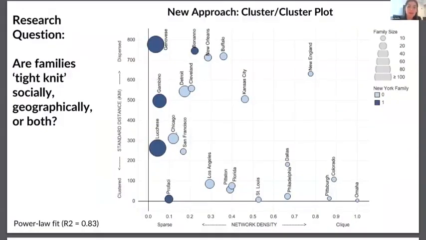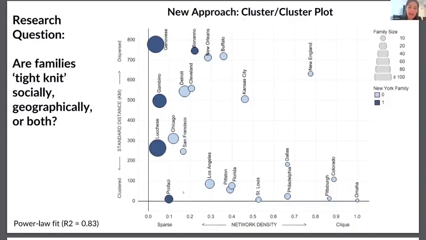So the new approaches that we wanted to describe here, the first one is called a cluster plot. This answers the research question, are families tight-knit socially, geographically, or both? Each of the dots on this plot represents one family. The bigger families have bigger dots and the smaller families have smaller dots.